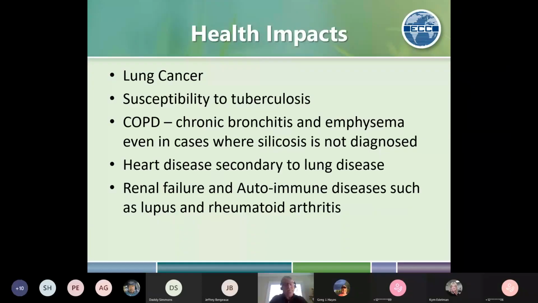Other impacts include an increased incidence of lung cancer among silica exposed workers. And it's really interesting. We were talking about this morning, but people who have silica exposure, whether or not they have overt silicosis, have a propensity toward the development of tuberculosis.